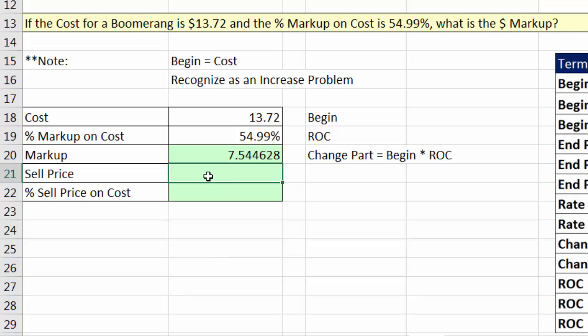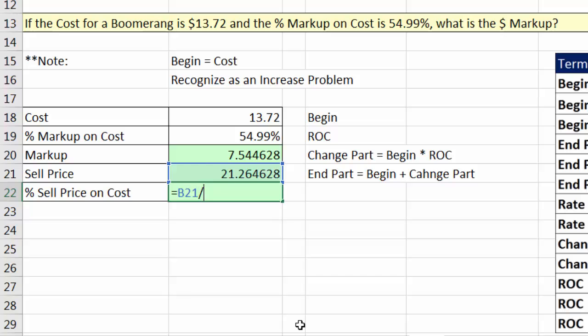Again, I'm going to leave it unrounded because I want all of our numbers as we check to be exactly right on. Now the sell price is easy. We have two parts equals the begin amount plus the change part. That's the amount that we went up, and enter. So our sell price should be $21.26. Now up here we were given percent markup on cost, but we can definitely calculate percent sell price on cost equals, there's the sell amount.